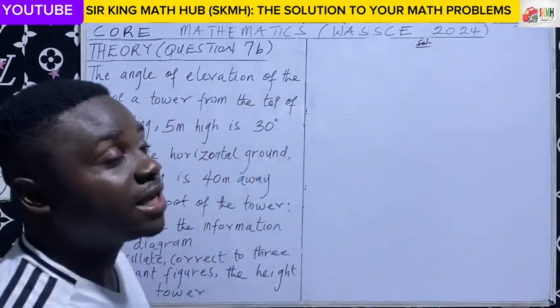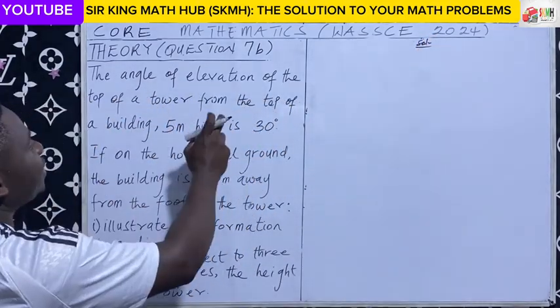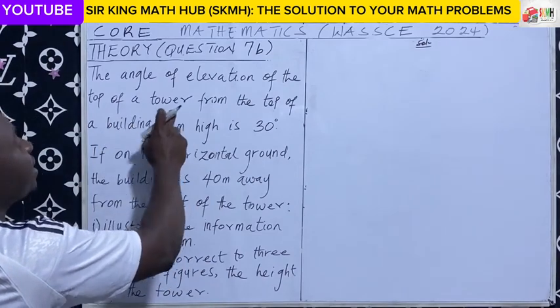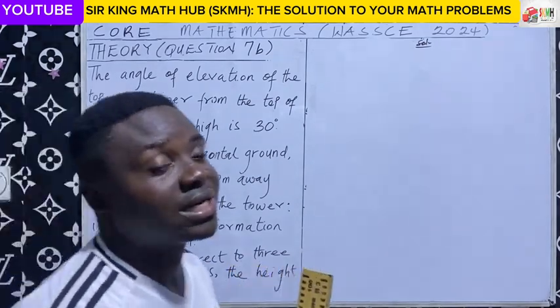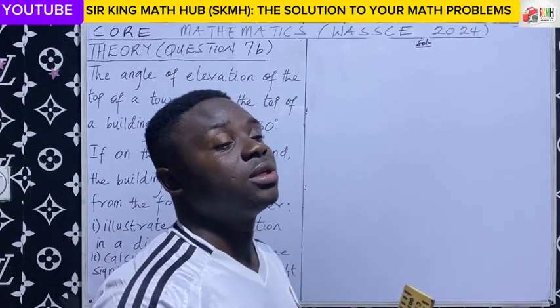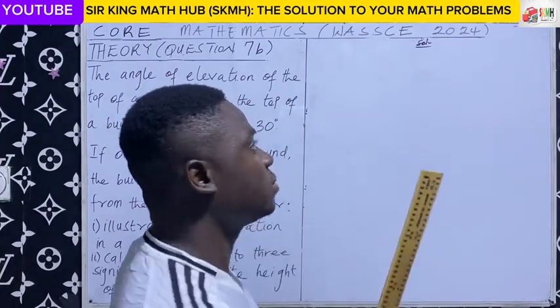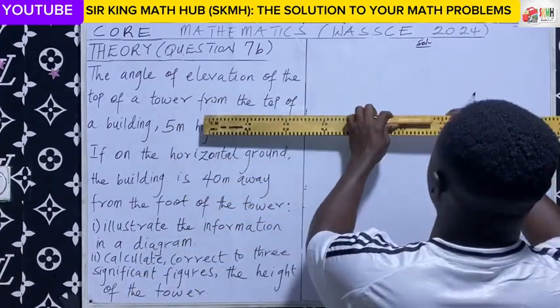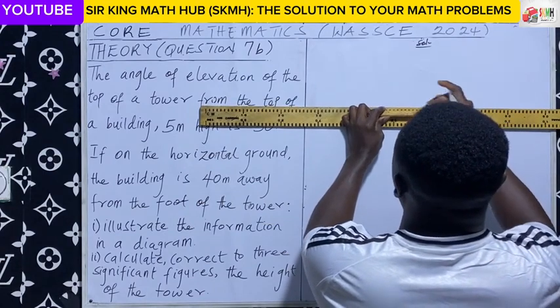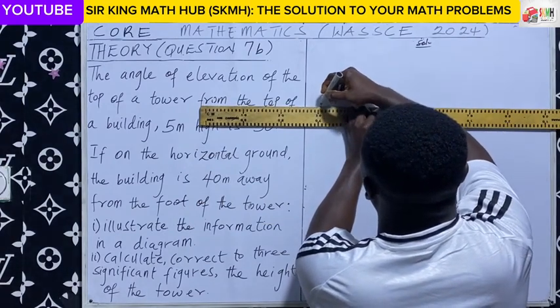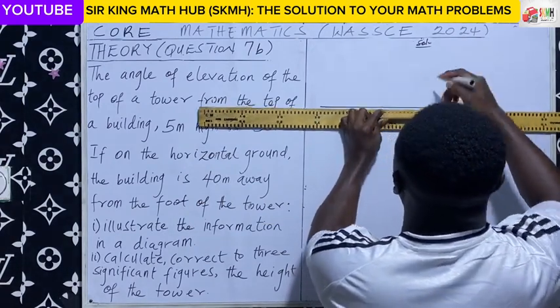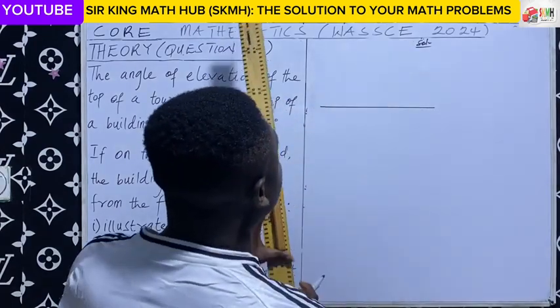So there are two key elements here. We have a tower and then a building. And we know that a tower and a building will be erected on a level ground. So let's first of all draw our level ground. So we have our level ground.